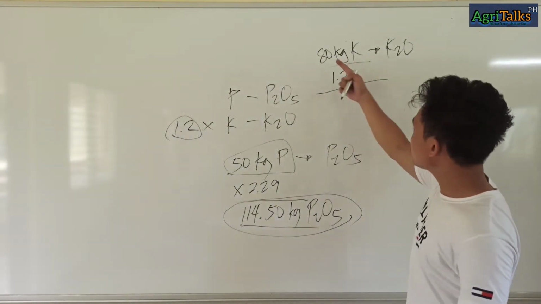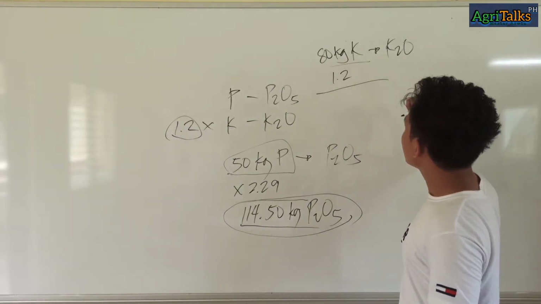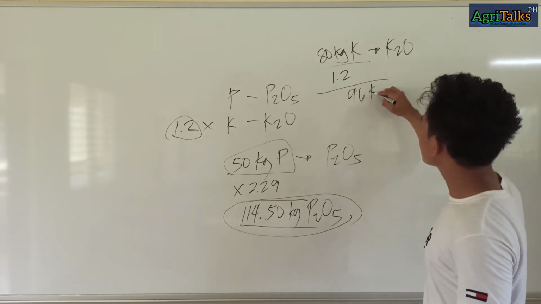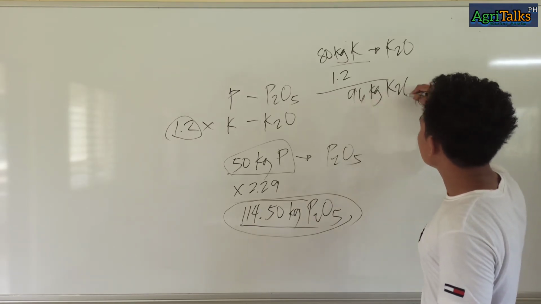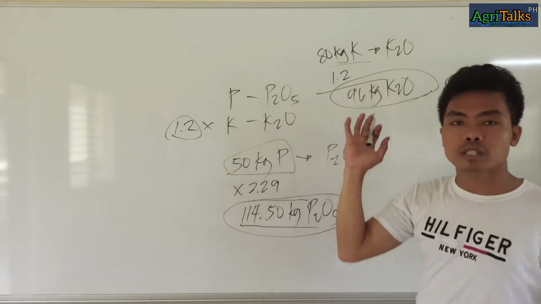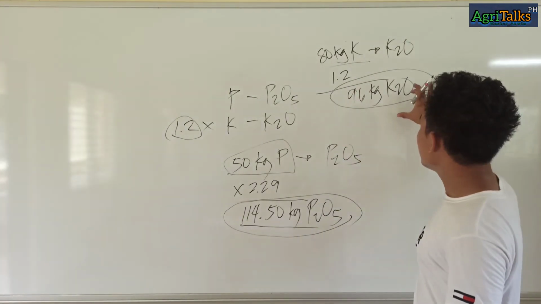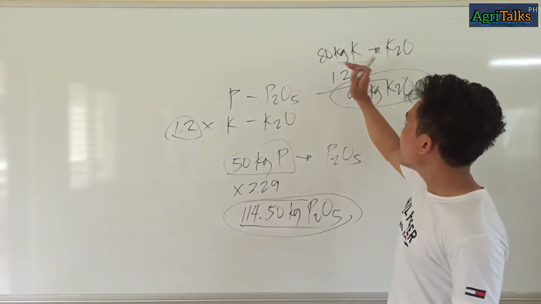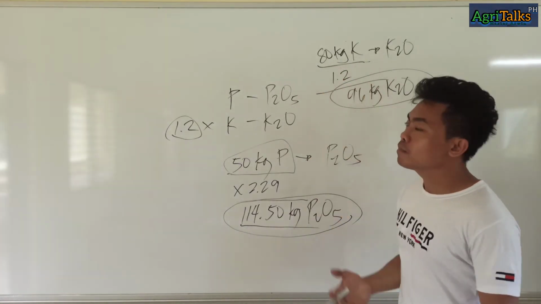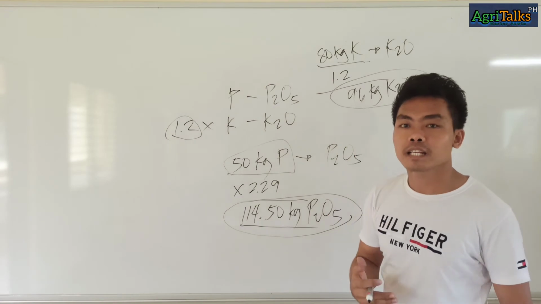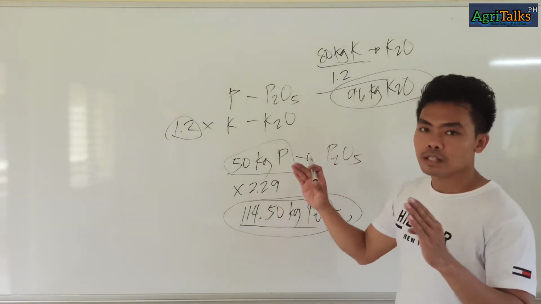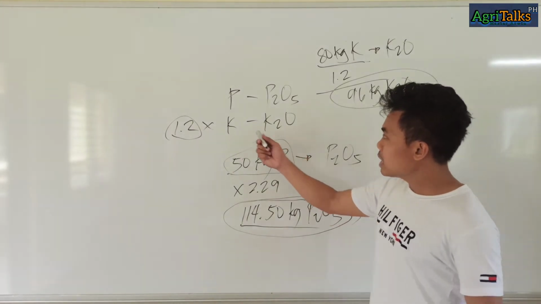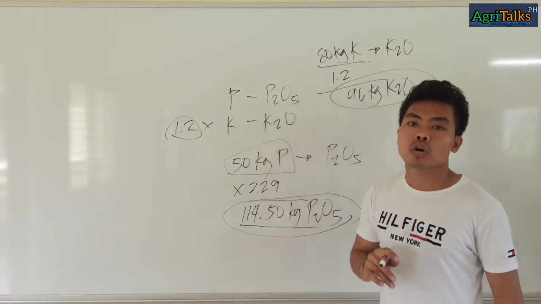So 80 times 1.2, that would be 96 kilograms of K2O. So now this is the equivalent value for the K2O out of that 80 kilograms na K. So that's a very easy way to convert this from elemental form into K2O.